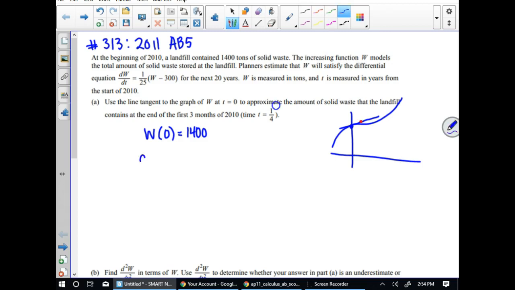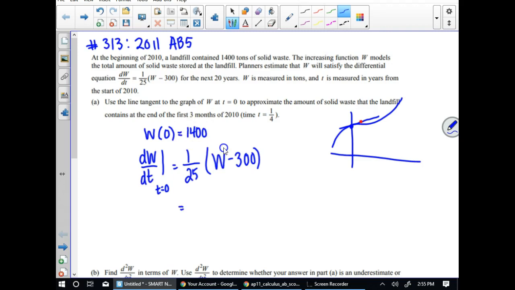So we're looking for dW/dt, the slope of W, whenever t equals 0. But here's the problem. We don't have a W to plug in here. That W is our amount of waste, and we're looking for the amount of waste whenever t equals 0, which we just found was 1,400.